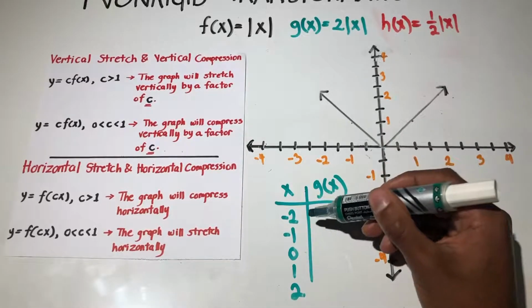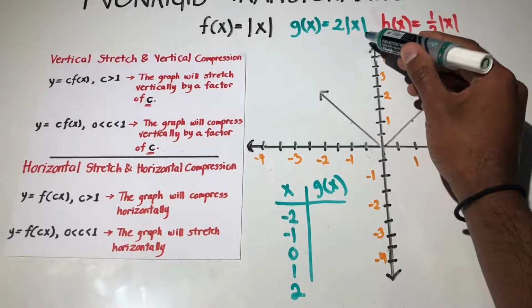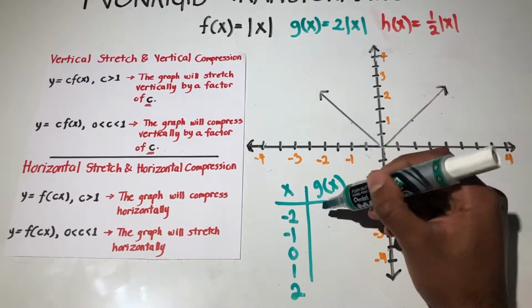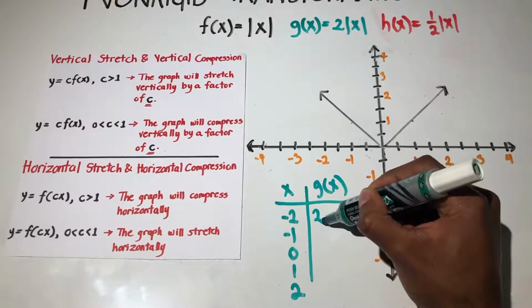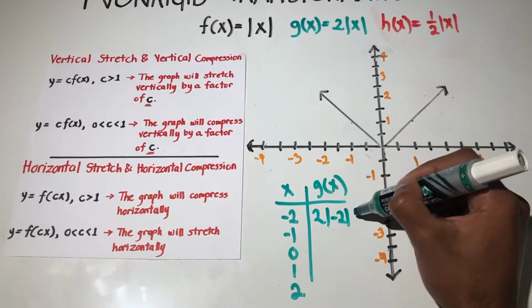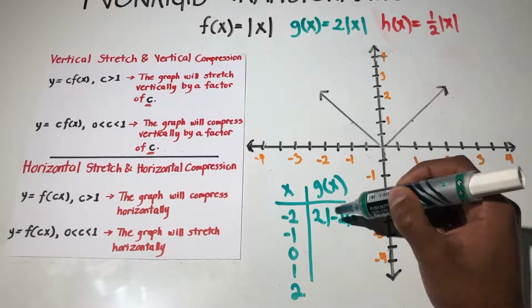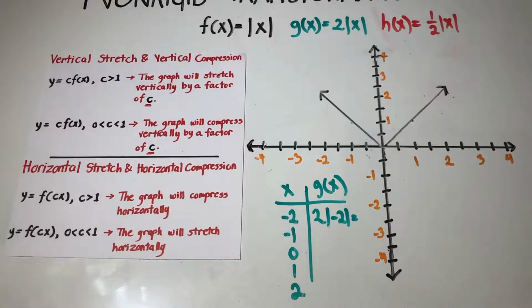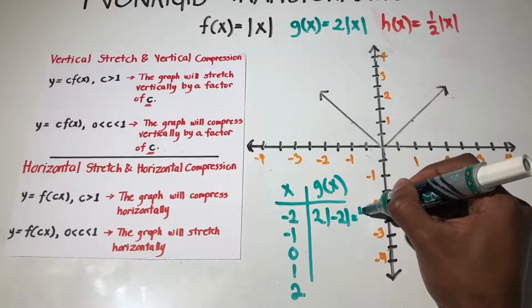Okay, now if we take -2 and plug it into the equation, we're going to get 2 times the absolute value of -2, and then the absolute value of -2 is just 2, so 2 times 2 is going to give us 4.